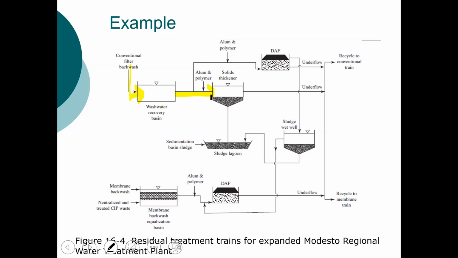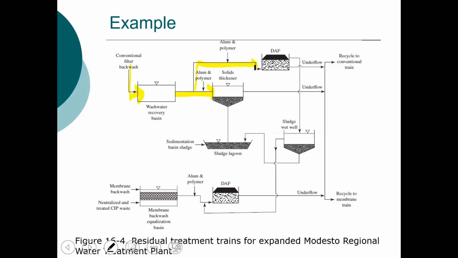They also have, and this is quite complicated, why they actually have both of these processes, I'm not sure. There isn't enough detail in the textbook to explain why they have multiple processes for both solids thickening and dissolved air flotation. The difference between this is they're both thickening processes, but one uses gravity, so your solids thickening uses gravity. Dissolved air flotation uses what we refer to as flotation.